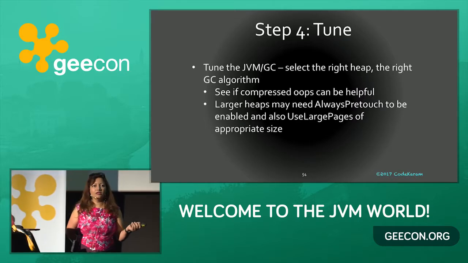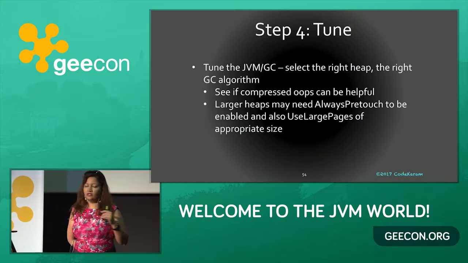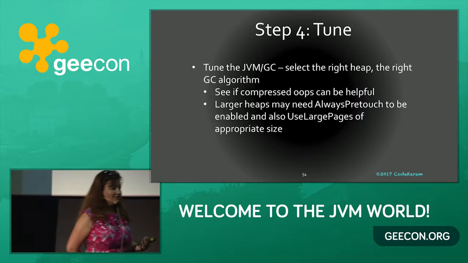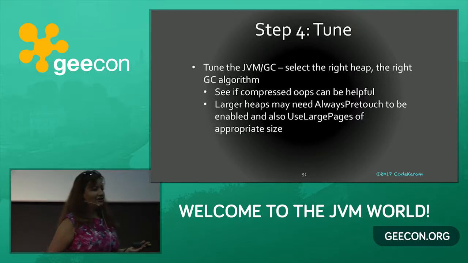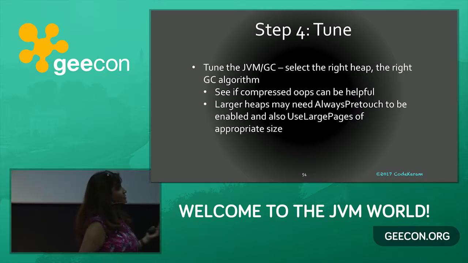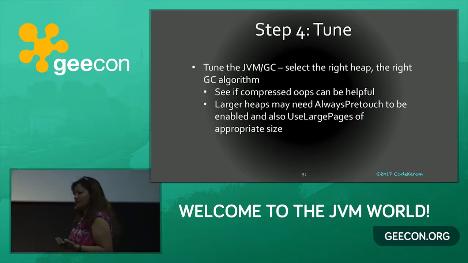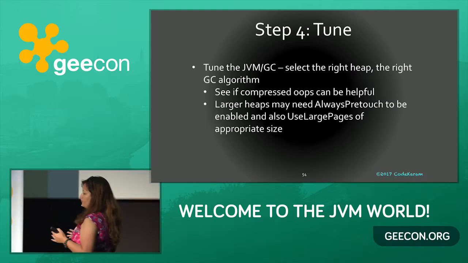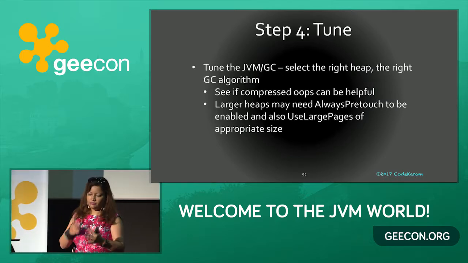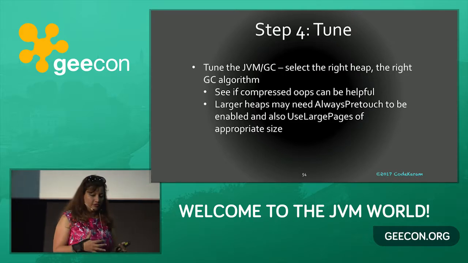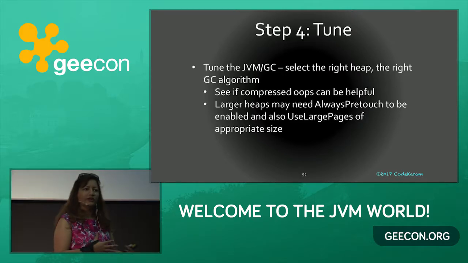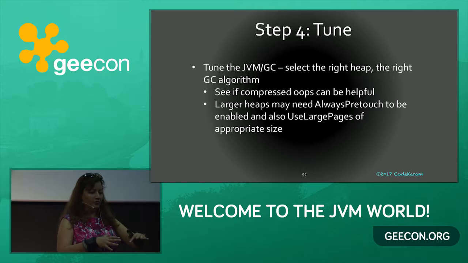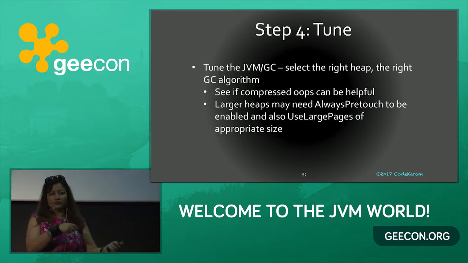Larger heaps may need AlwaysPreTouch. If anybody has looked at the command line options, you will see something called AlwaysPreTouch, and you'll be like, okay, it's been there for years. The reason it's been there is because it pre-touches. It's based on the first touch algorithm of your operating system, so that your big heaps will not be pushed out or swapped or something.